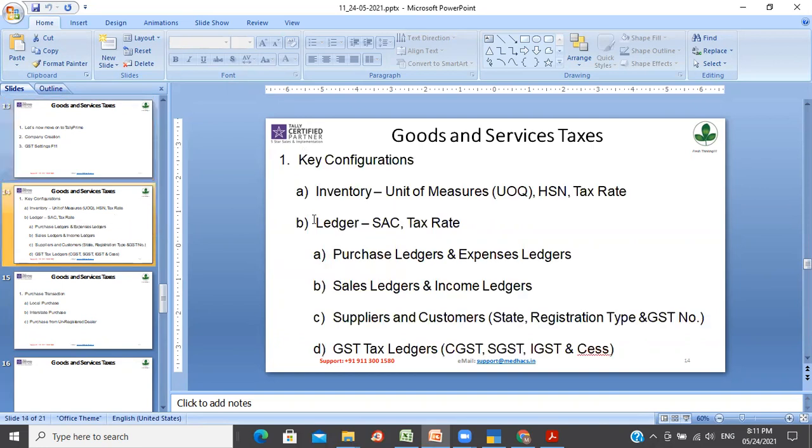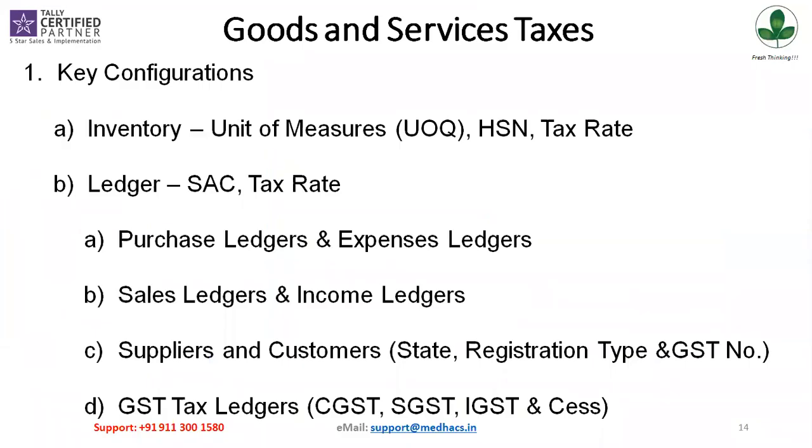The next thing you need to be clear about is some of the key configurations in GST: inventory management, unit of measures, how to update the HSN code, and what the tax rate is. Then ledger configuration: purchase ledgers, expense ledger, sales ledger, income ledger, customers and suppliers ledger, then GST tax ledgers.